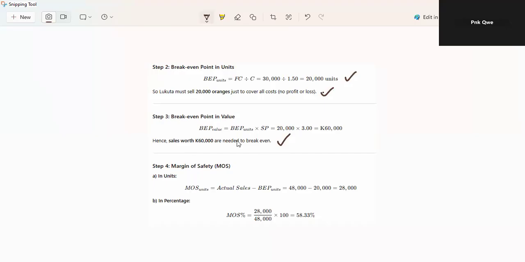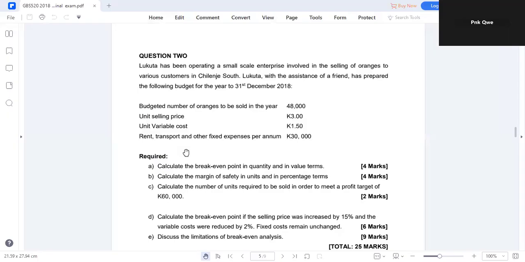Then we now use that formula. What is our margin of safety? It's simply the actual sales minus the break-even units. So our actual sales, we were given. They're usually given as the budgeted sales. So what's our actual sales? 48,000. From this, you subtract the break-even units that we calculated.